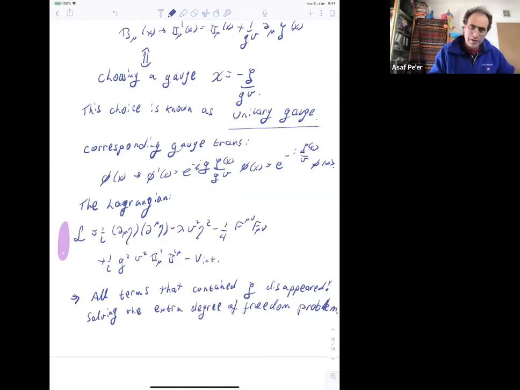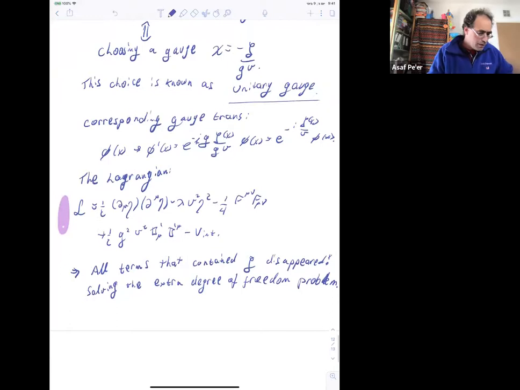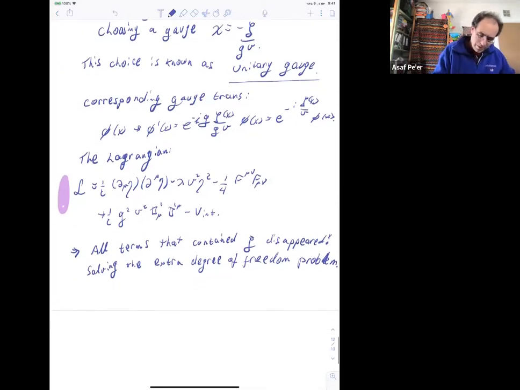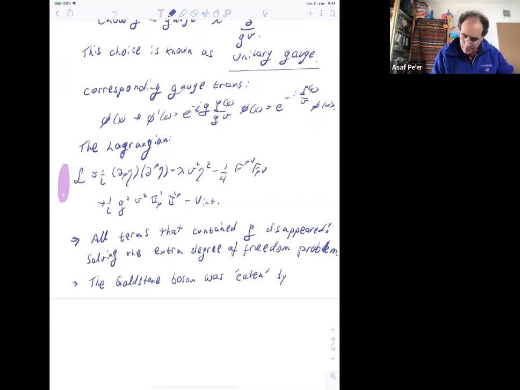This is what happens in the unitary gauge. So the degree of freedom of the Goldstone scalar was replaced by the degree of freedom corresponding to the longitudinal state of the massive vector field B. So simply say that the Goldstone boson was eaten by the gauge field.